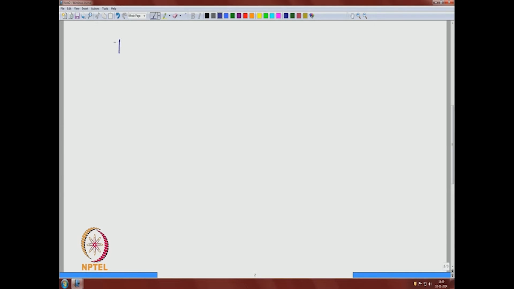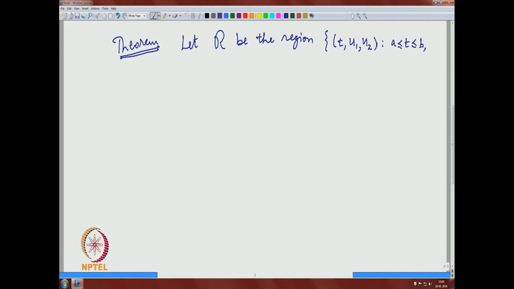Let R be the region consisting of all triplets T, U1, U2, where A is less than or equal to T less than or equal to B, and U1, U2 in R. So, this is the region.